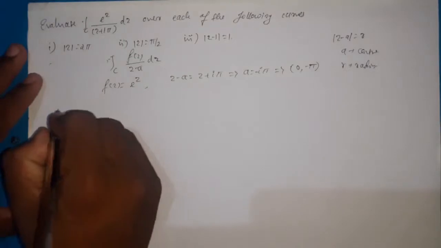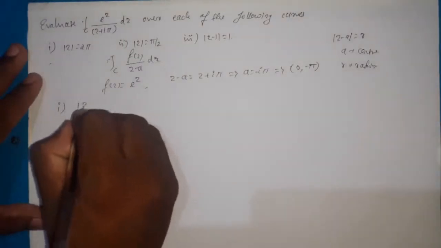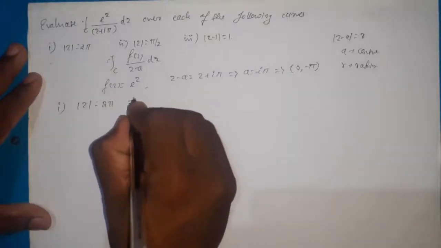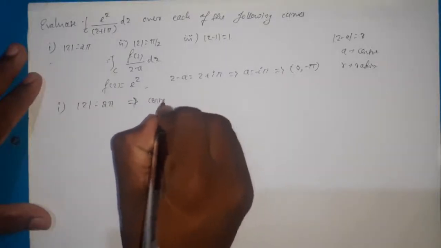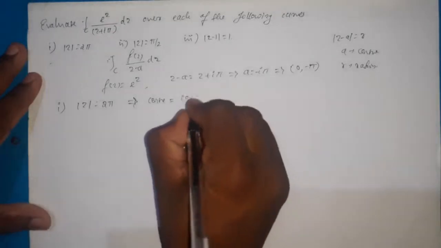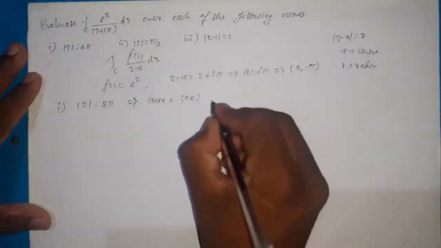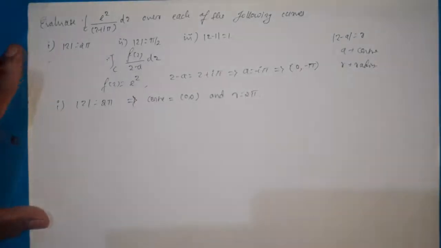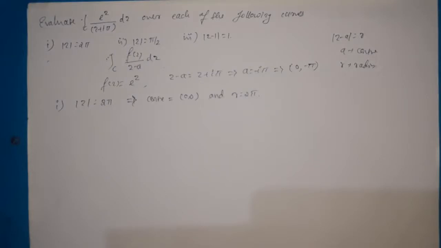So the first one is mod z is equal to 2 pi. So here the center of this circle is 0 comma 0 and radius is equal to 2 pi. So now here in the last video, we came to know that there are two important points.